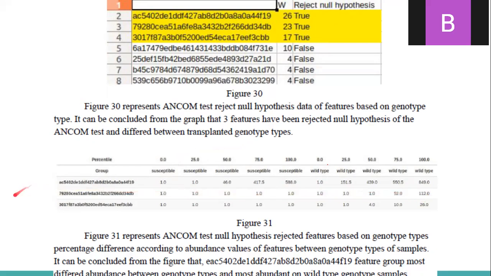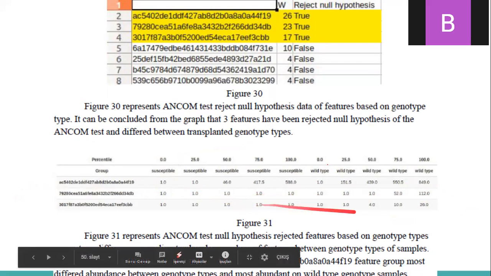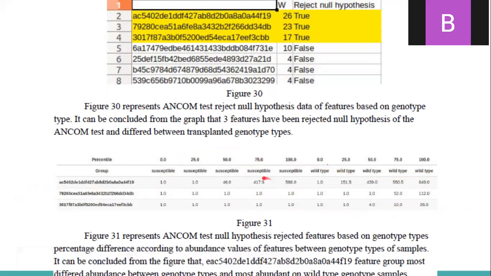We can see here this feature is 101 to 2, but in wild type ones, but in susceptible none. In susceptible, none. In wild type, yes. In wild type, a lot, but after that, a lot in susceptible. In the beginning, not that much. This is what we are investigating.